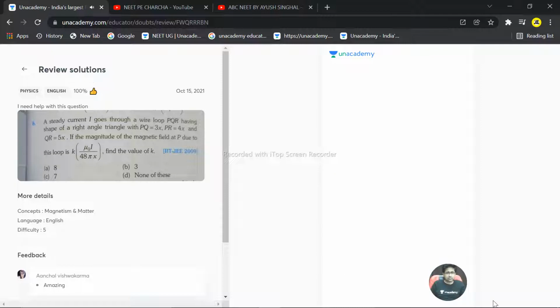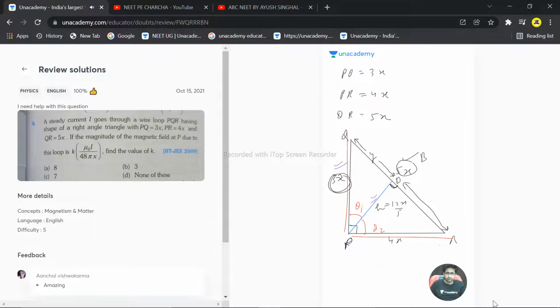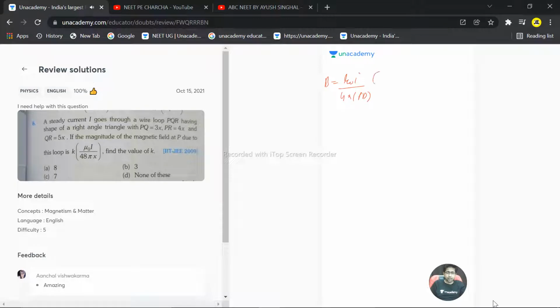The field is mu naught I by 4 pi into PD, this distance h, into sine theta 1 plus sine theta 2. So mu naught I by 4 pi into PD, where PD is 12x by 5, into sine theta 1 plus sine theta 2.